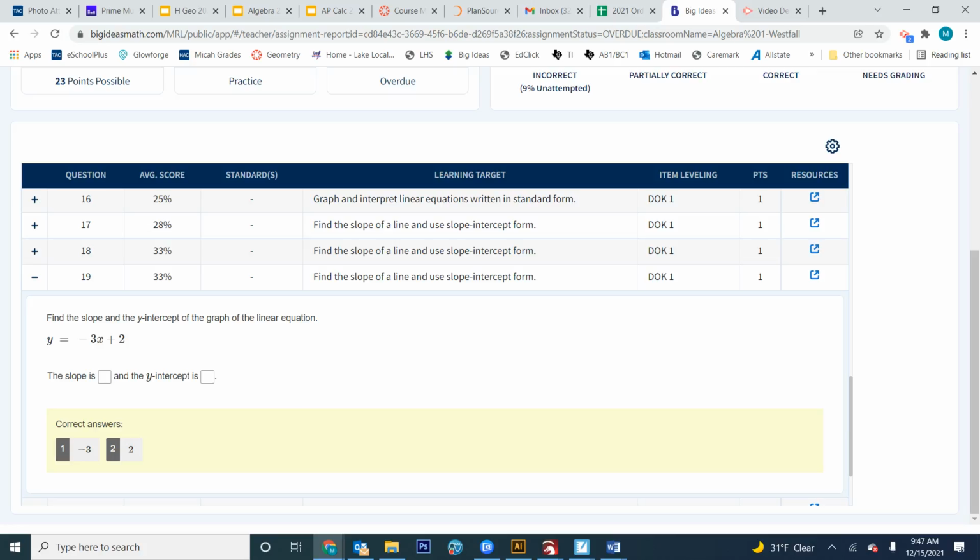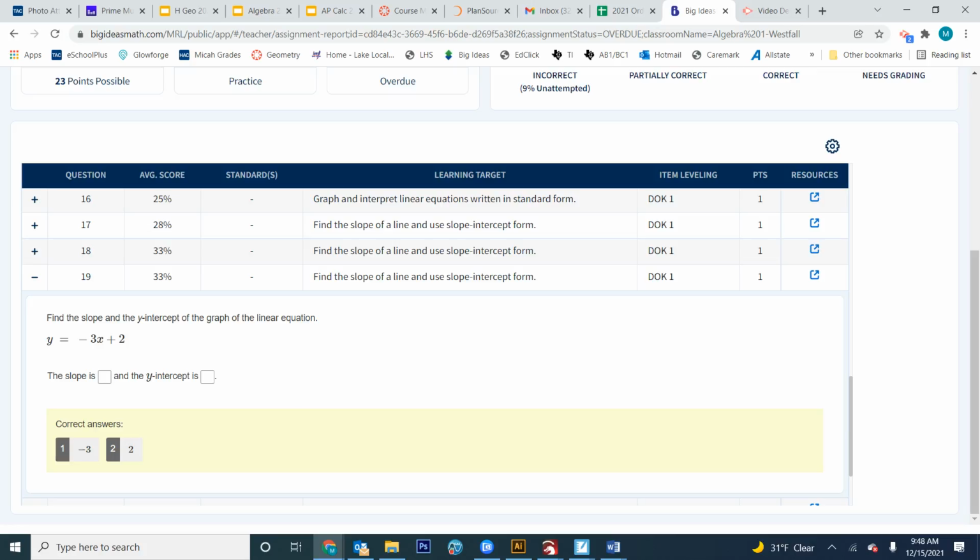What if we put negative 3 over 1? Would that be wrong? I wouldn't do that. I got it wrong. Guys, if it's not a fraction, like slope, don't put it over 1.